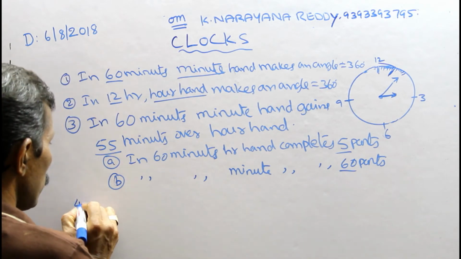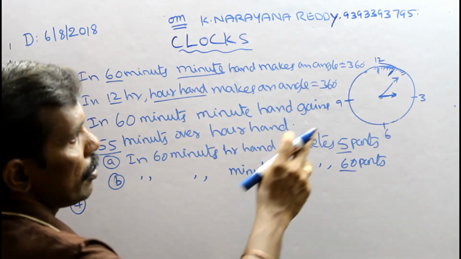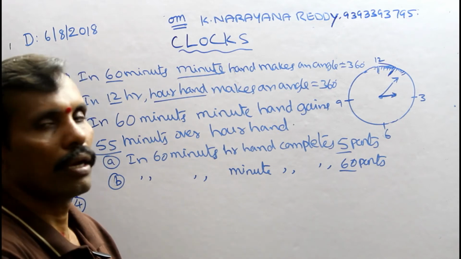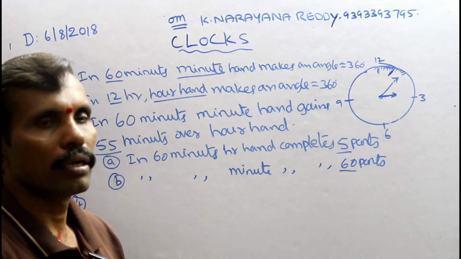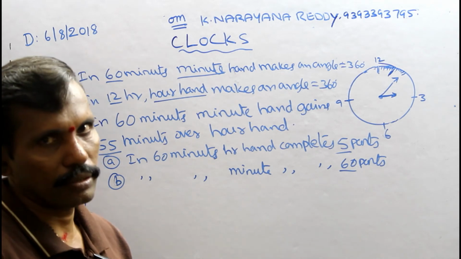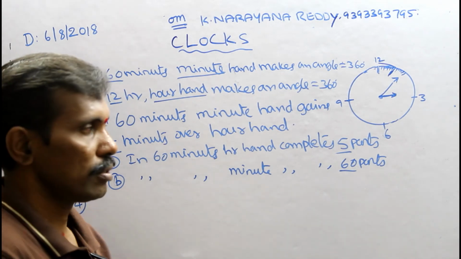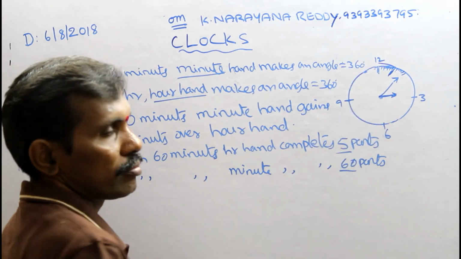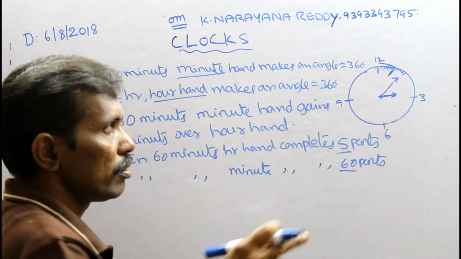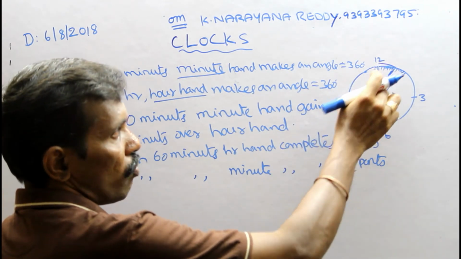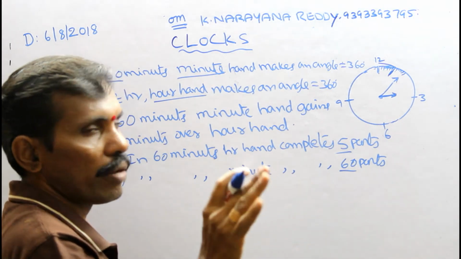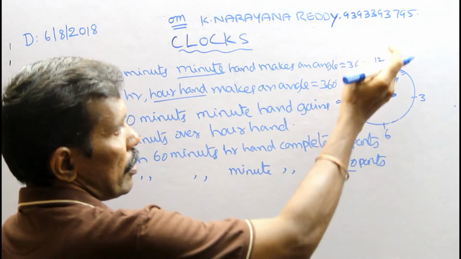next point, the fourth one. Here, in every hour, they coincide. Because at the time of 12, they coincide one time. At the time of 1, they also coincide, at 1 hour 5 minutes, they coincide with each other.